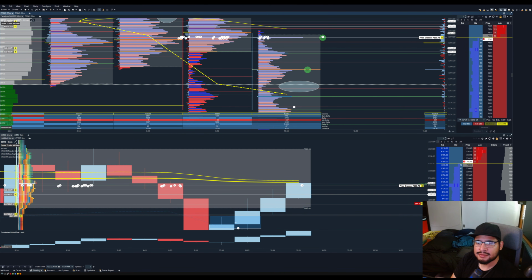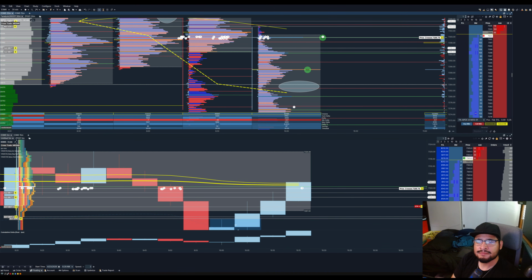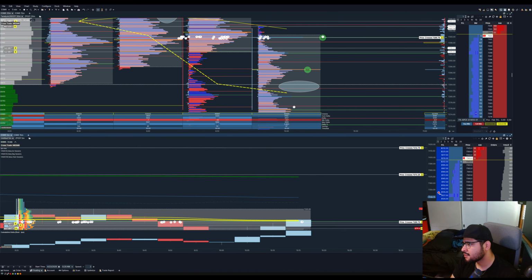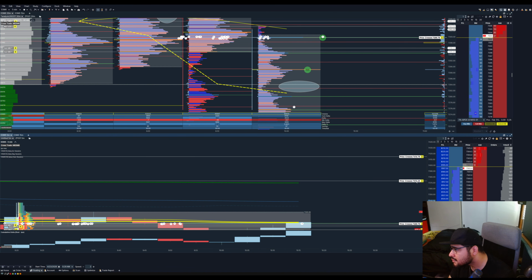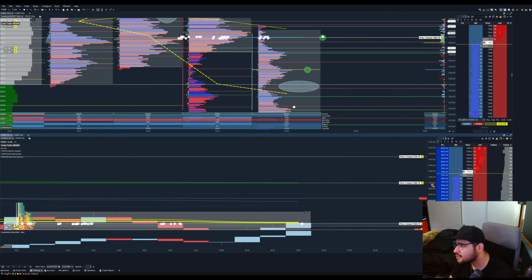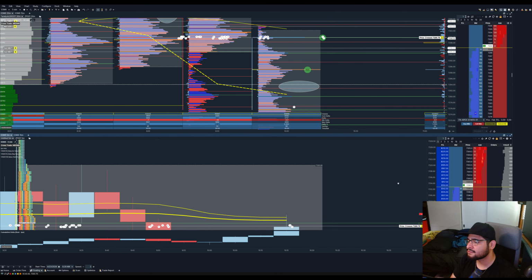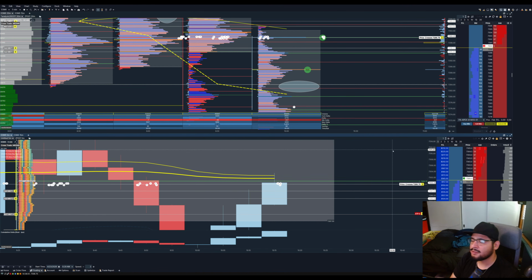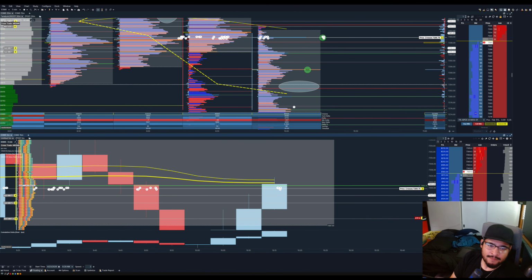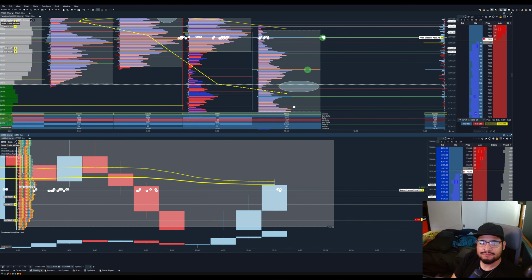Looks pretty solid. Where is the weekly VWAP at again? 73.70. Okay. Which is way up there. Got another big market buyer here.